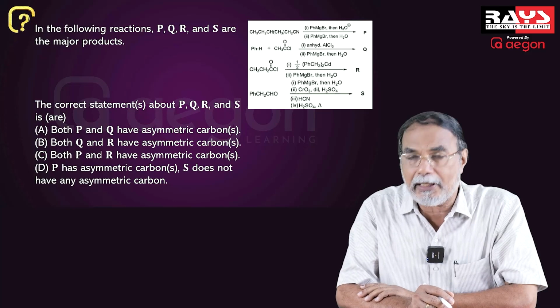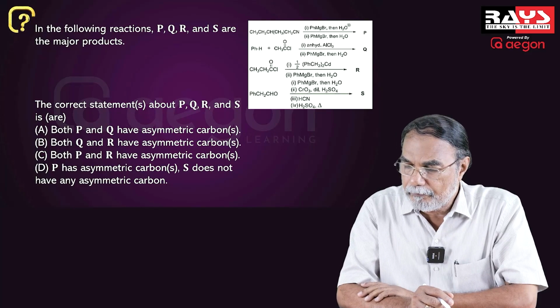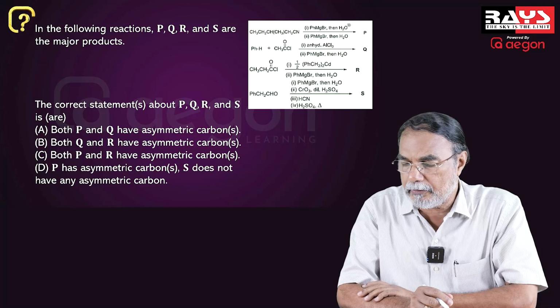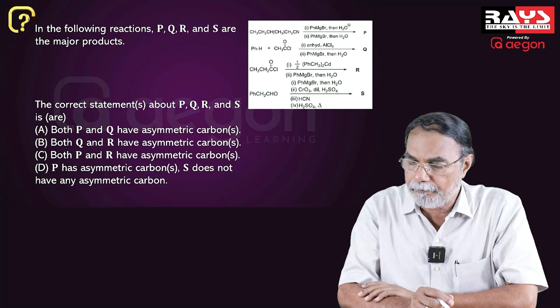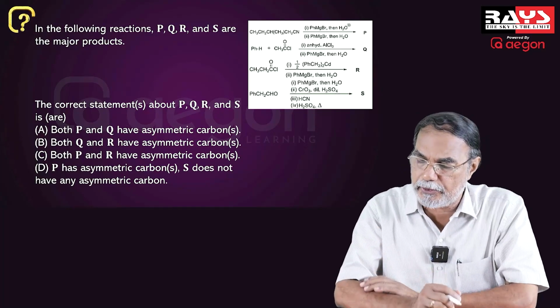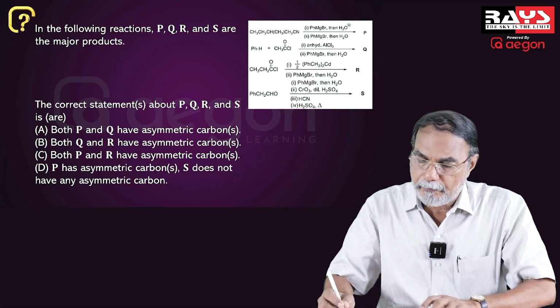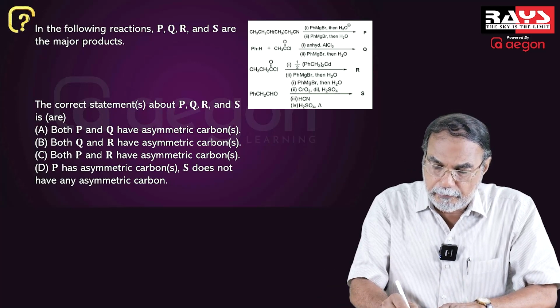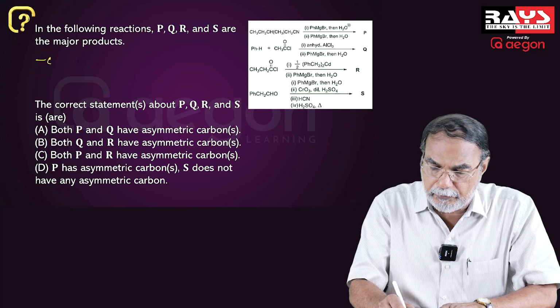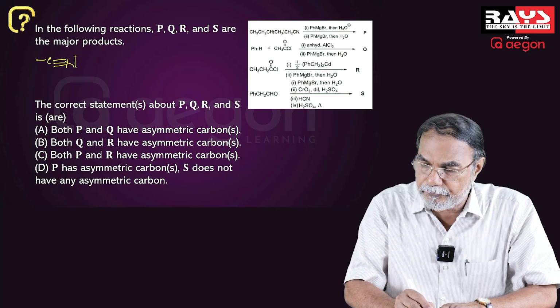It's again phenyl magnesium bromide and then hydrolysis by water to get the product P. So it's a 2-step conversion. The first step, the cyanide group, it is C triple bond N. I am not going to write the entire thing. C triple bond N, I think that is enough.